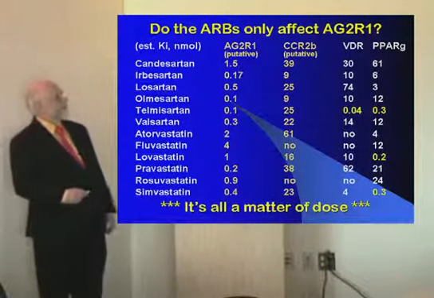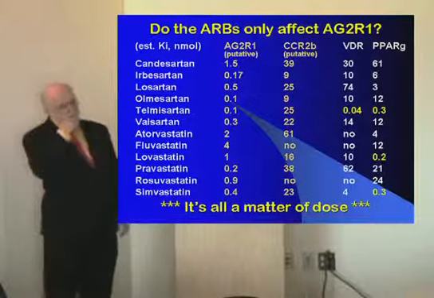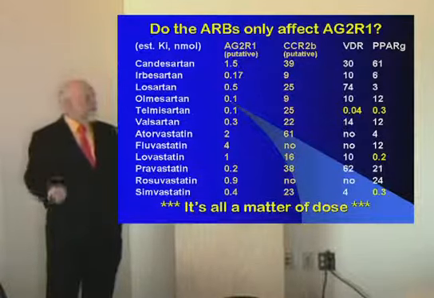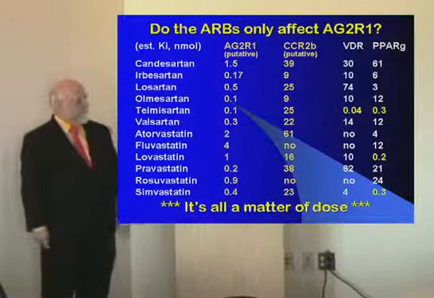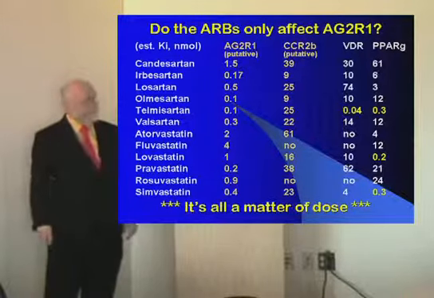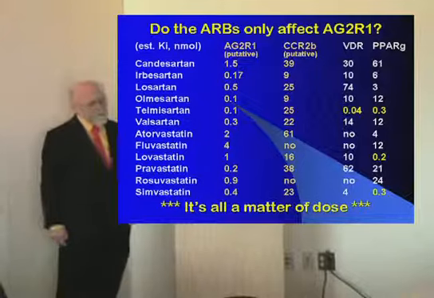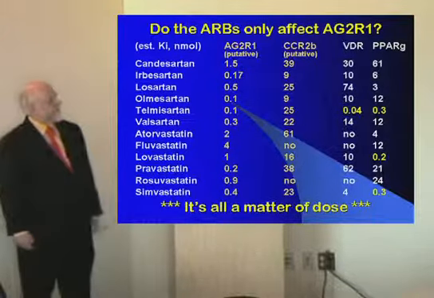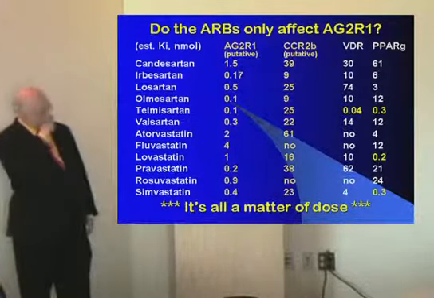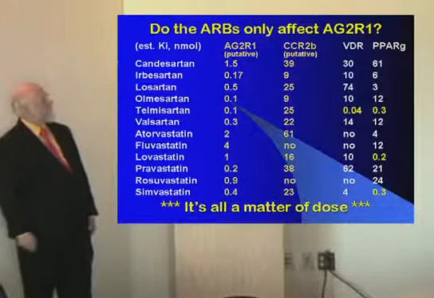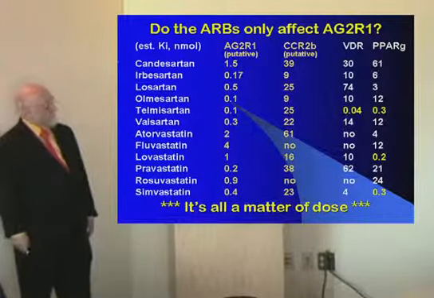And then we've taken known proteins, VDR and PPARG, which have actually been imaged with X-ray techniques in order to find out exactly where the atoms are. And we've matched up the common drugs with the receptors.